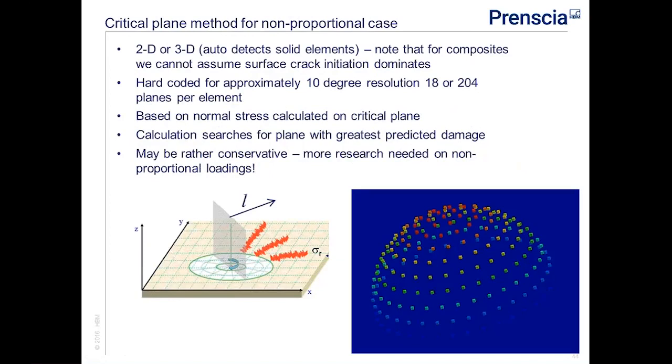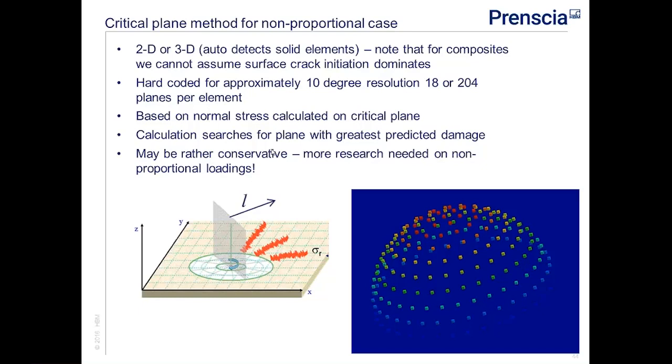Normally you try and do it using principal stresses. Critical plane calculations may become necessary if you have non-proportional loading, but this is an area that definitely needs more research. We suspect that our simple critical plane approaches are going to end up being rather conservative. And one other thing I should add is that with composite materials, you can't guarantee, as you more or less can with a lot of metal examples, that cracks will start from the surface.